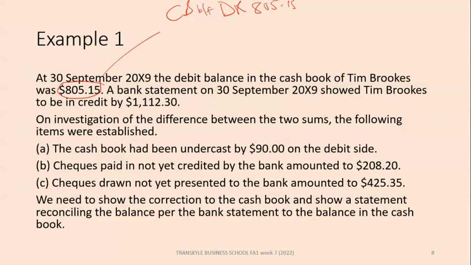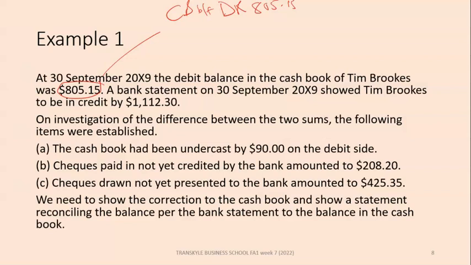Debit. Okay. So according to this cash book on 3rd September 2009, the company had money. A bank statement on 3rd September 2009 showed Tim Brooks to be in credit of $112.30.